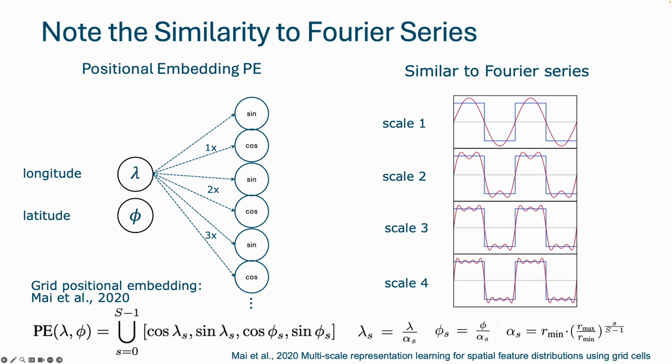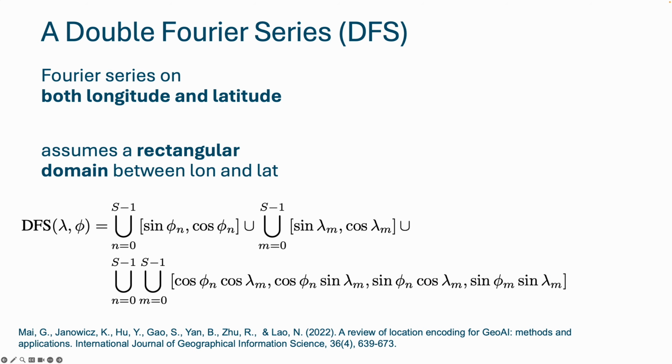Experimentally, in that case, we see that higher and higher frequency sine and cosine basis functions really help with the performance of reconstructing this geographic data. And it has been summarized in this review paper that all of those positional embedding functions are subforms of double Fourier series. Double Fourier series are the idea of using longitude and latitude and doing a Fourier series on both of them.